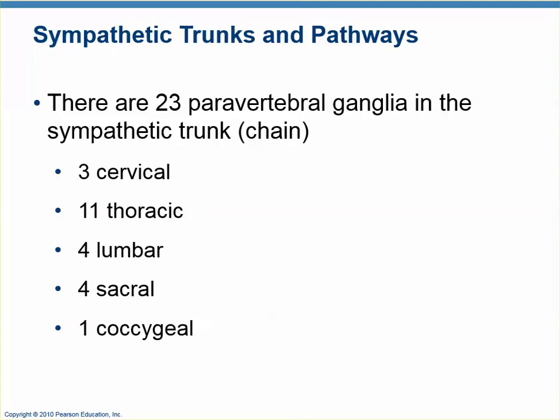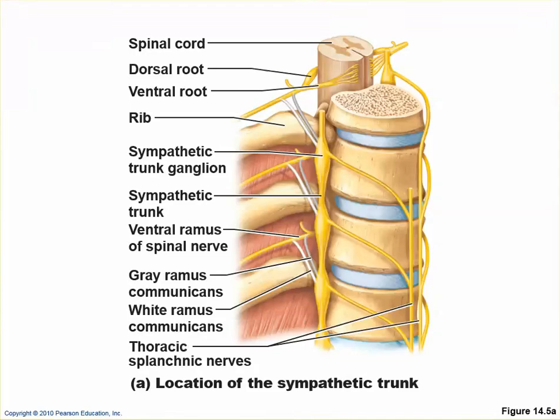Again, these are the ganglion, not the origins of these. And when we look at the anatomy of it, you'll see that a nerve root comes out. There's a ventral nerve root, which is motor. There's a dorsal nerve root, which is sensory.